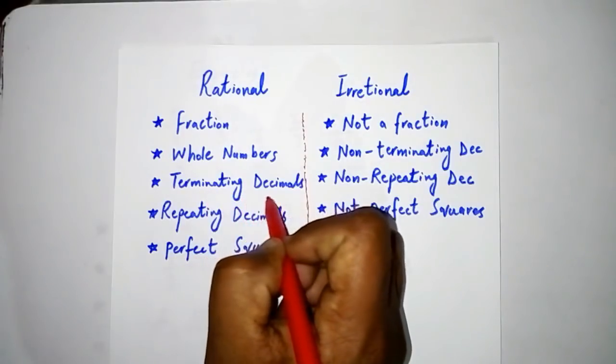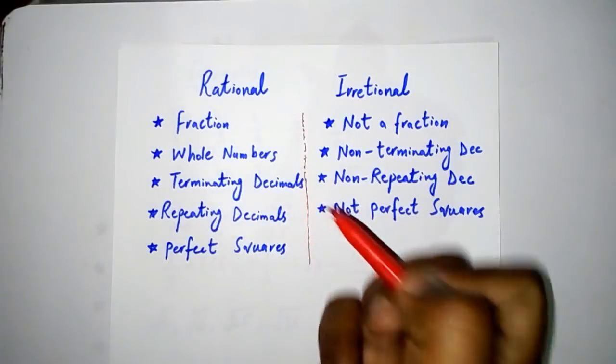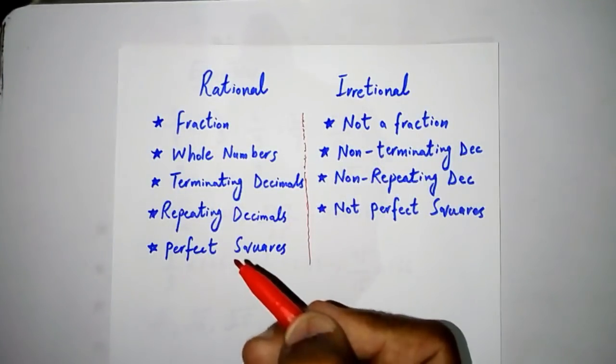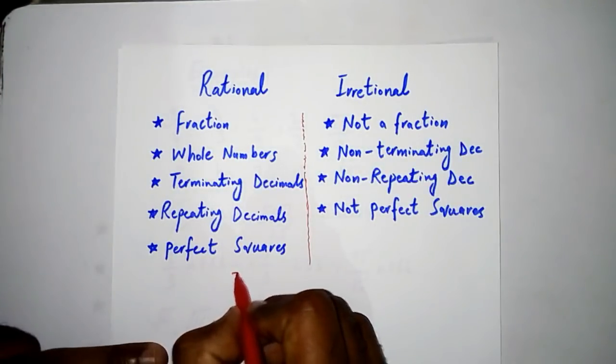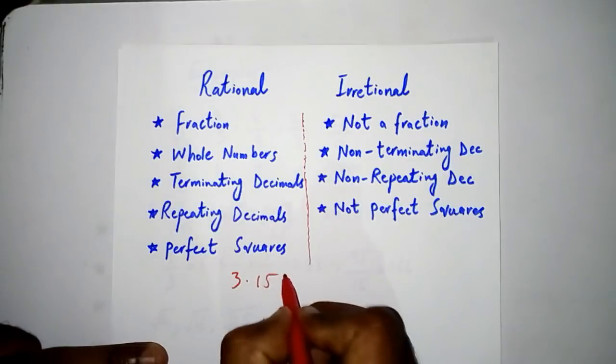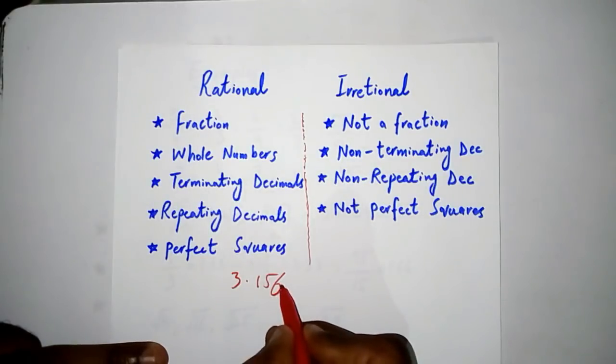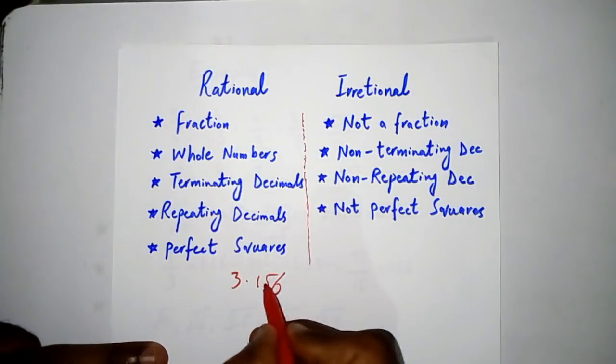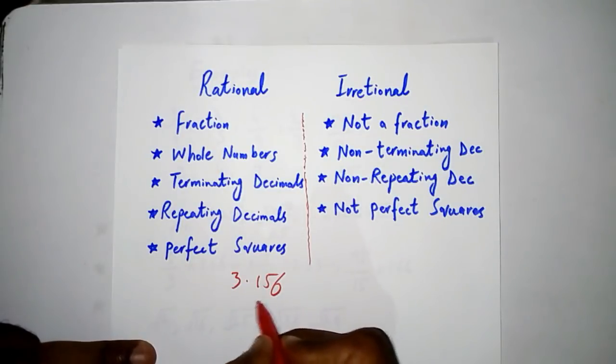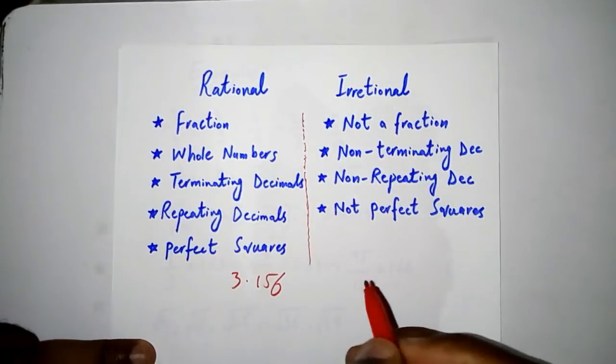The next one is the terminating decimals. Now if the number is in the form of decimals like 3.156, here we can see after 6 there is no number, meaning our number is terminated at 6, so such numbers are called terminating decimals.